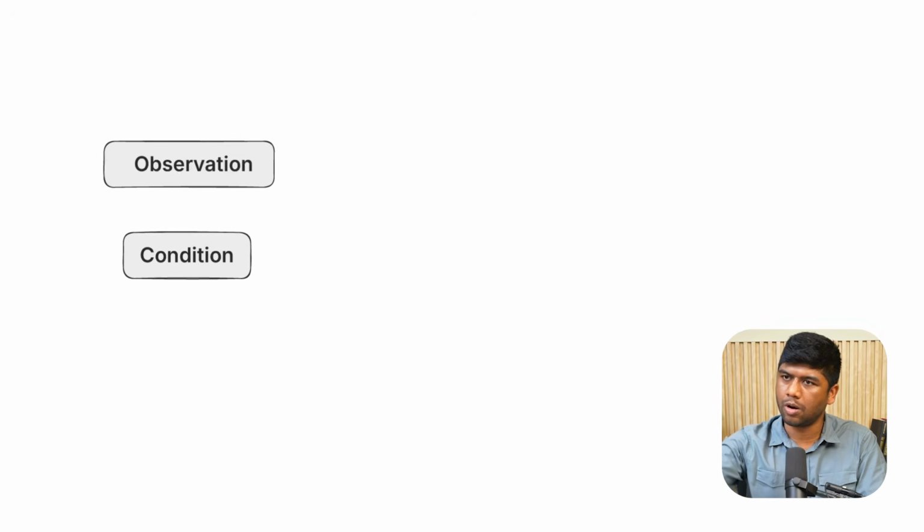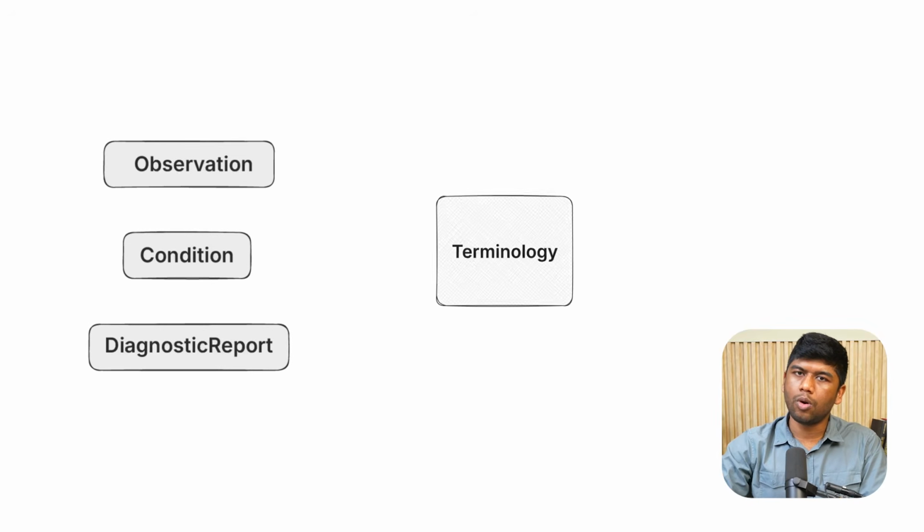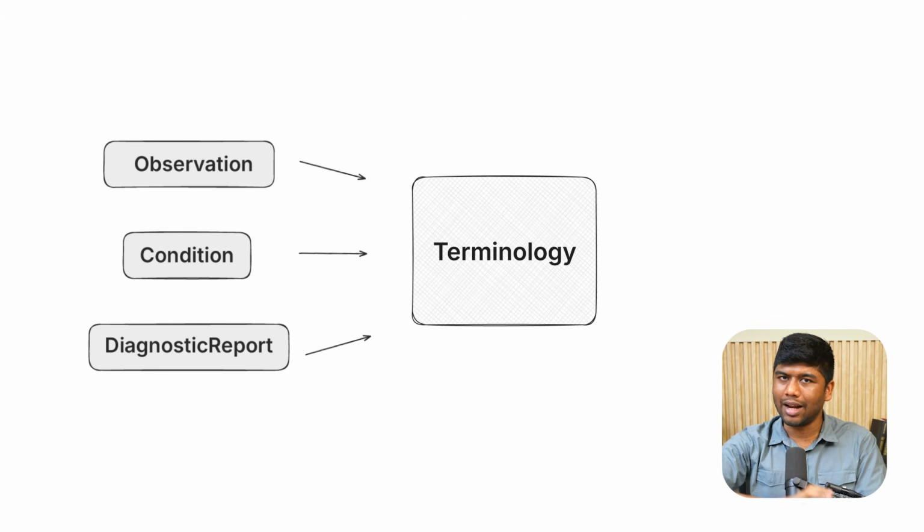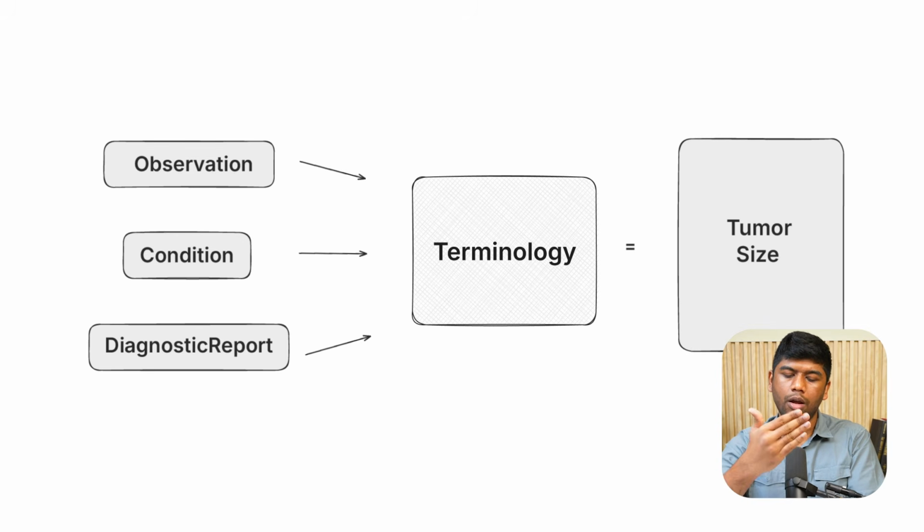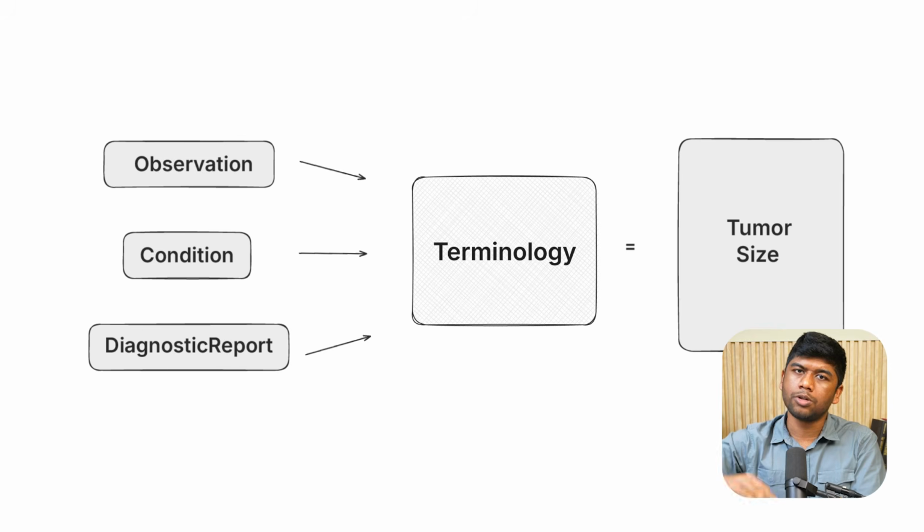Even though you have the data in different places, either an observation or a condition or whatever, if you're able to map any observation with these particular codes, or any condition with these particular codes, or any other resource with these particular codes, then that means this particular thing is true. Like this thing could be a tumor size of more than 5 centimeters, right? So to establish something simple, for a clinician, it might just be like, oh, isn't that obvious?